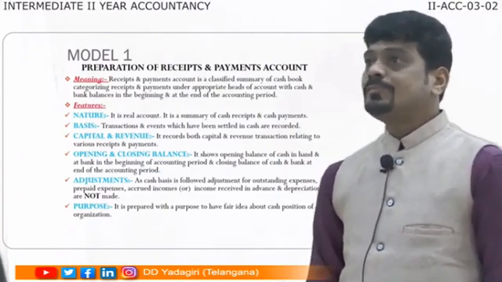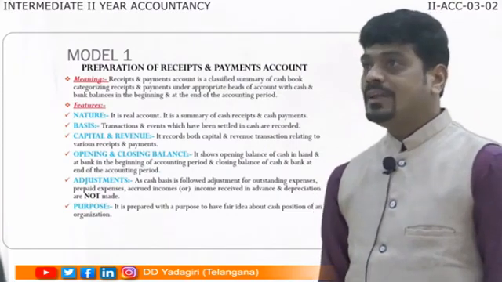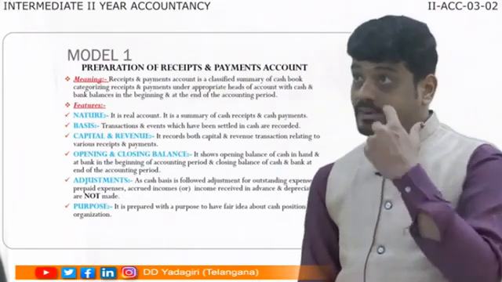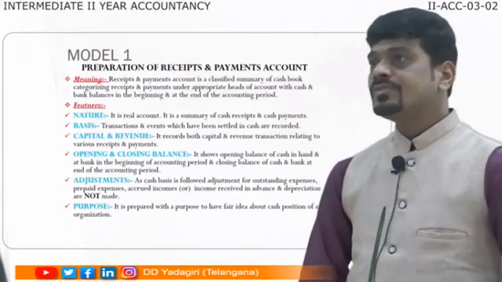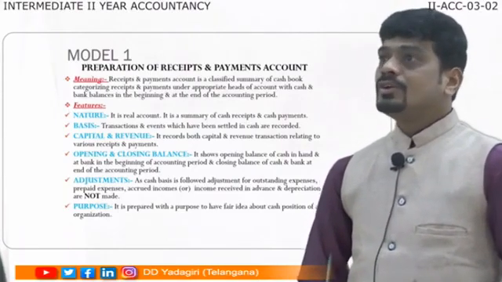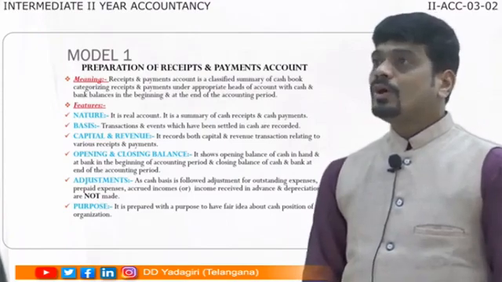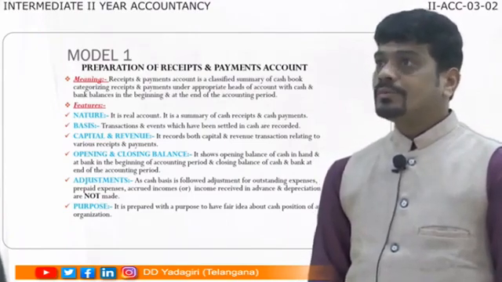Nothing but it was expenditure and receipts, all that I have explained. And based on that, we have seen a few important items like your entrance fee, your legacy, and so on.